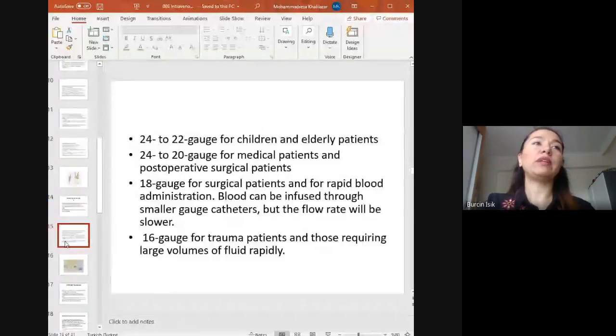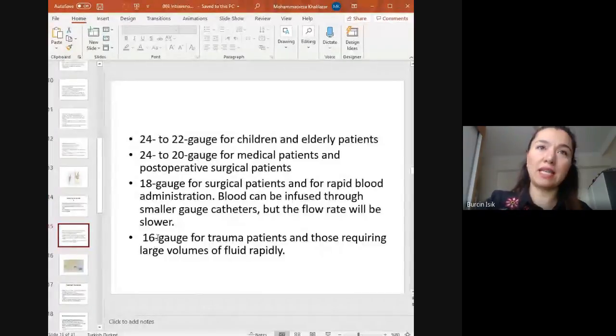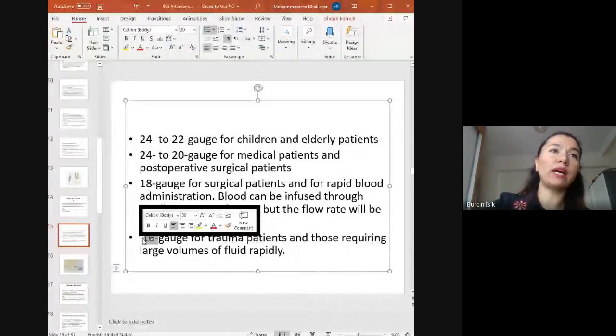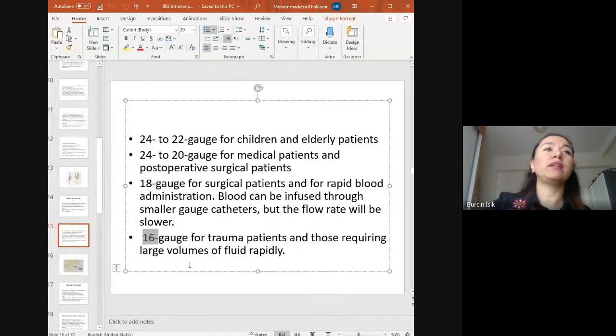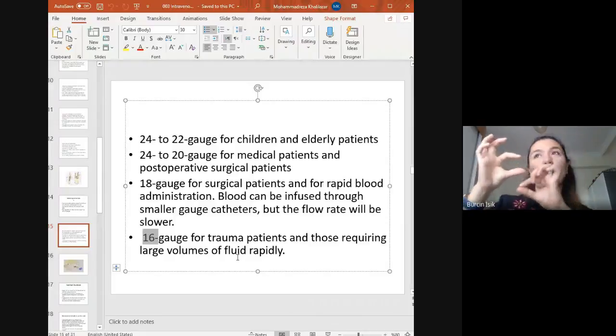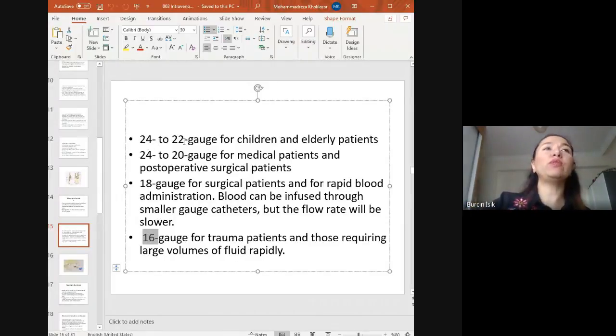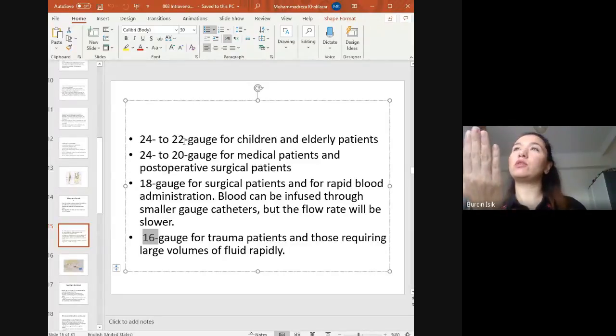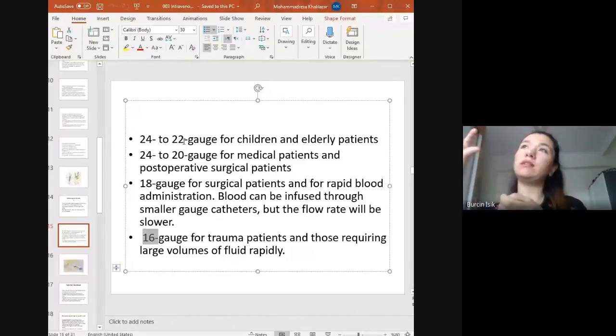For example, if the gauge is 16, it has a larger volume, so it's thick. The 24 and 20 are smaller; they are used in children and the elderly. From the color also you can guess. If you check the pack, you will see the different sizes of needle, and you must choose depending on the patient.